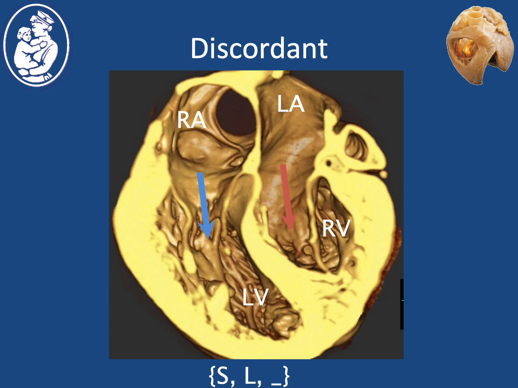Here's an example of atrioventricular discordance in a patient with corrected transposition. The right atrium, seen here, is aligned with a right-sided left ventricle, an inverted or L-looped left ventricle. We can see markers of the right atrium: the inferior vena cava draining into it, and the ostium of the coronary sinus coming into the right atrium.